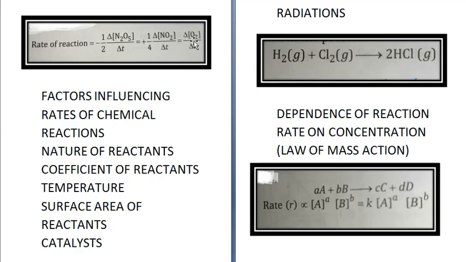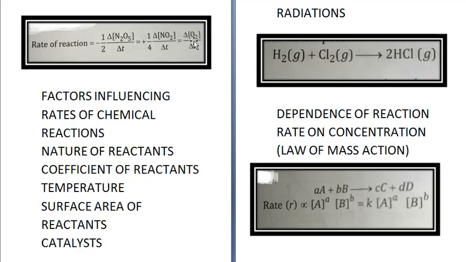Hence the rate of reaction is different in different types of reactants. So if the reactants are different, the rate of reaction will also be different. Why? Because different energies are required by the different reactants to collide and to form products.